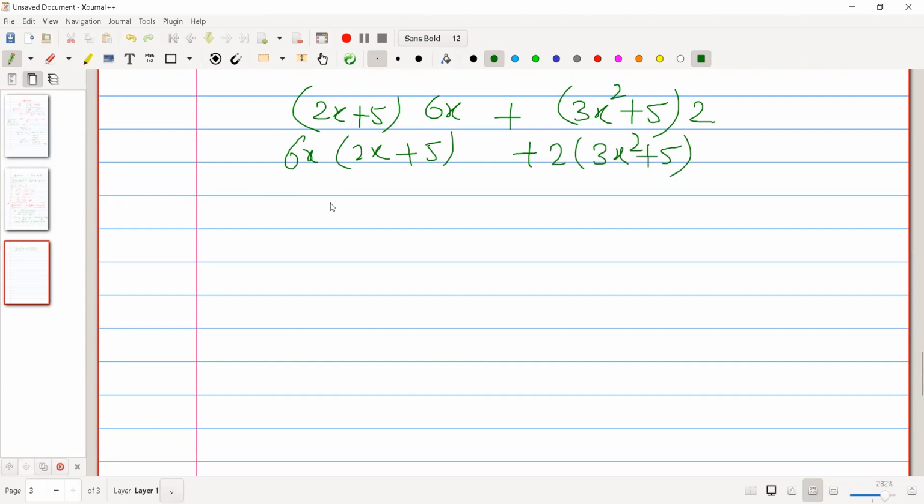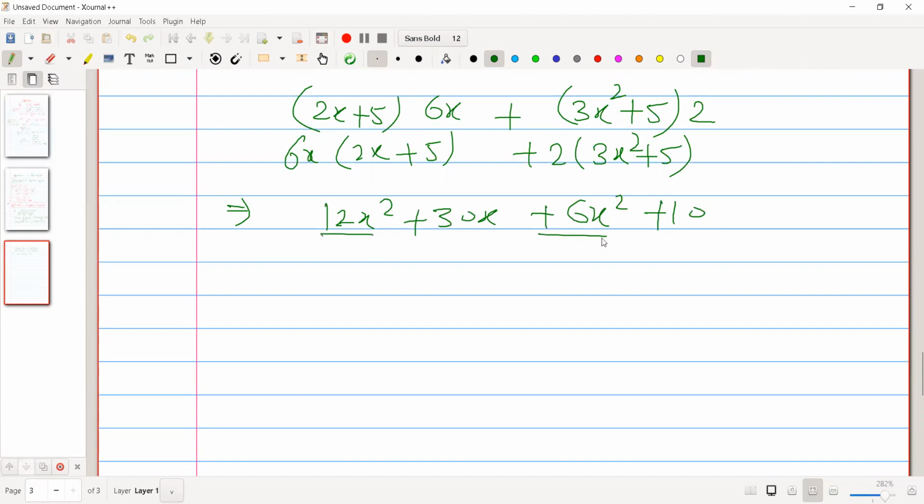You can multiply and collect the same terms. Let us see: 12x square plus 30x plus 6x square plus 10.